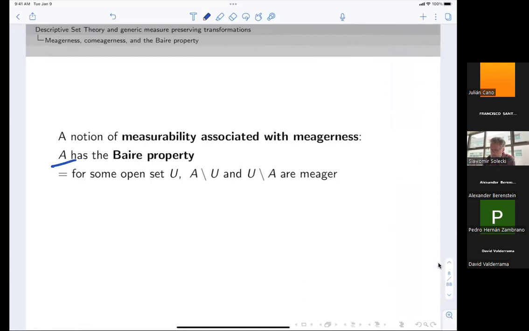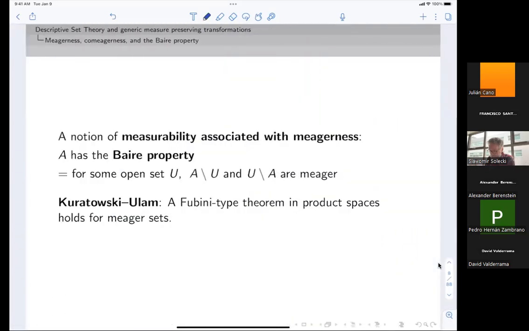So I can throw away a meager set from A and add to it possibly a meager set, and now I will have an open set, a set as nice as possible. Why is this notion of interest, this notion of measurability?